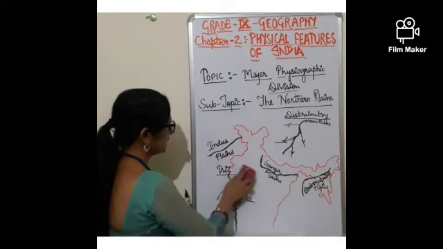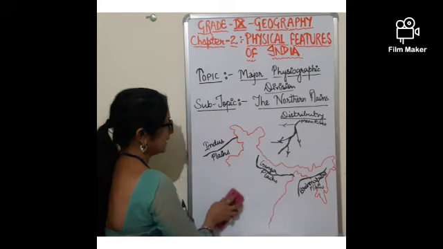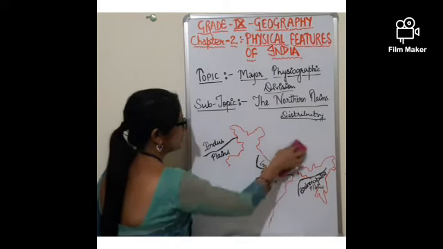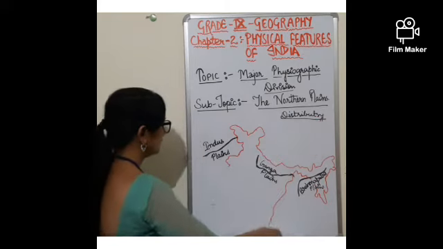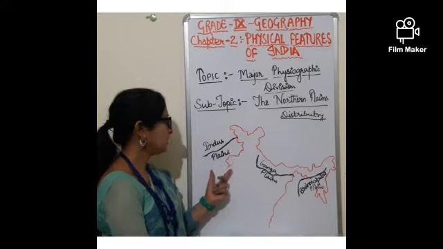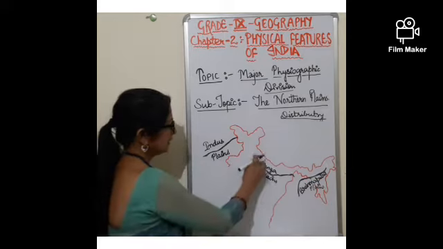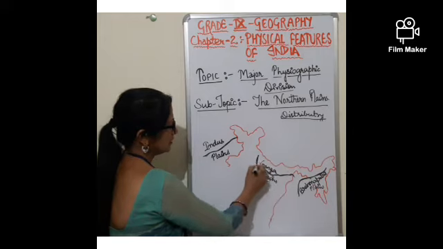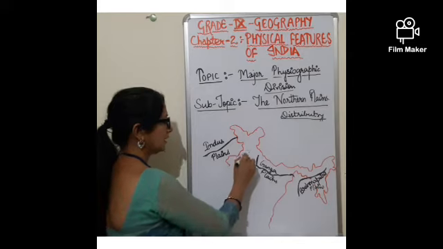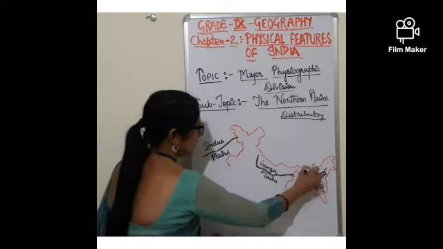Now once again, let us understand how far the Indus Plain, Ganga Plain and Brahmaputra Plain extend and which regions they cover. The Indus Plain covers the area of Punjab and part of Haryana. The Ganga Plain covers UP, from the Ghagra River to the Tista River in West Bengal.